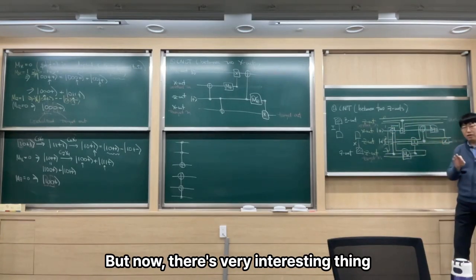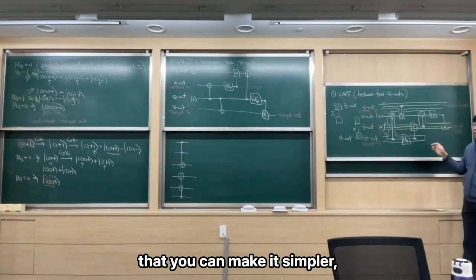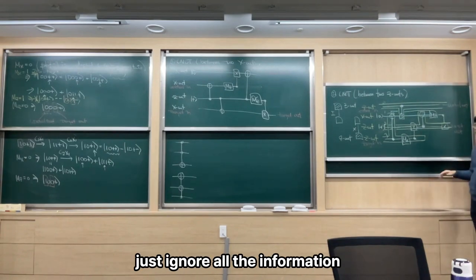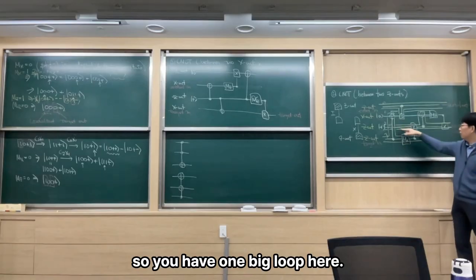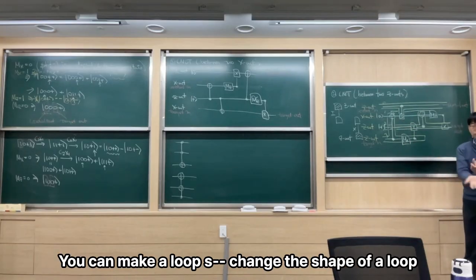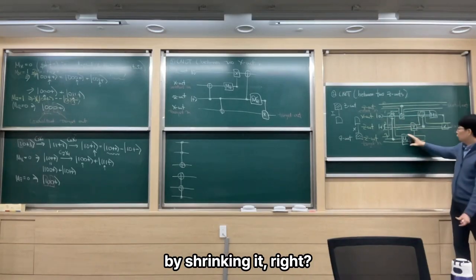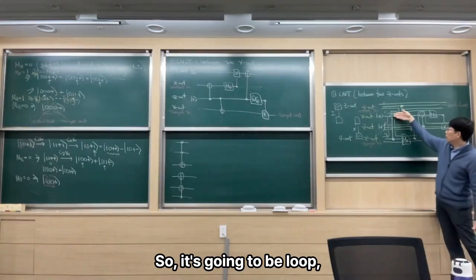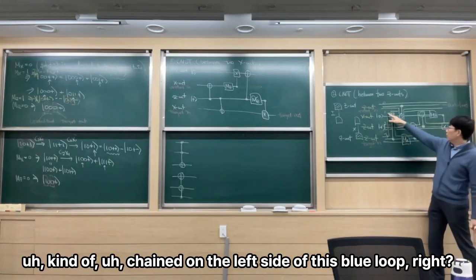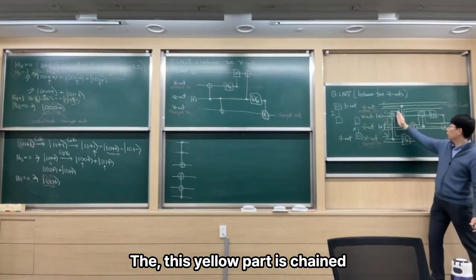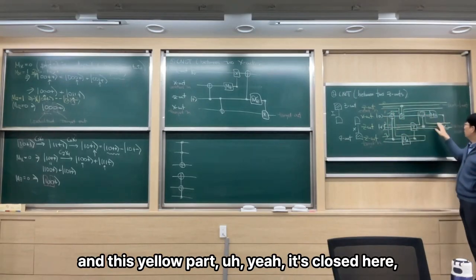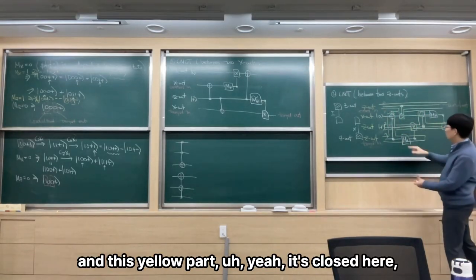But now there's a very interesting thing: you can make it simpler. Just ignore all the information about this quantum circuit. So you have one big loop here, and you can change the shape of a loop by shrinking it. This yellow part is chained on the left side of this blue loop, and this yellow part is closed here.